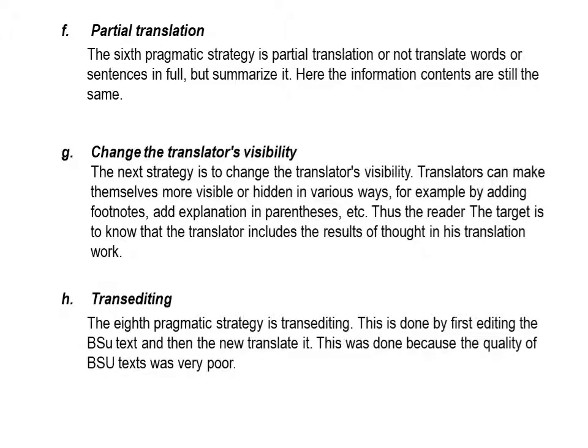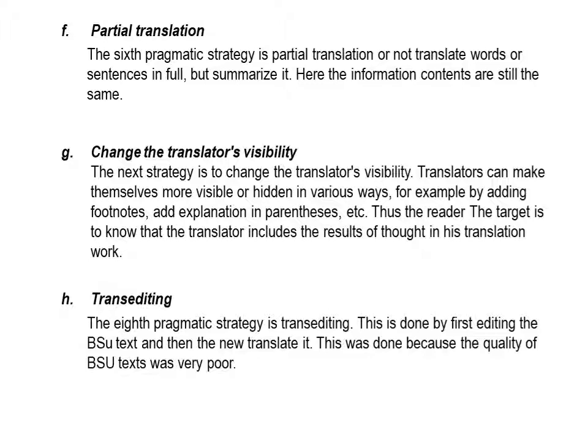F. Partial translation. The sixth pragmatic strategy is partial translation, which is to not translate a word or sentence in full, but summarize it. Here the information contents are still the same. And G. Change the translator's visibility.